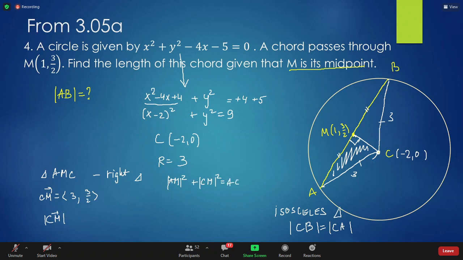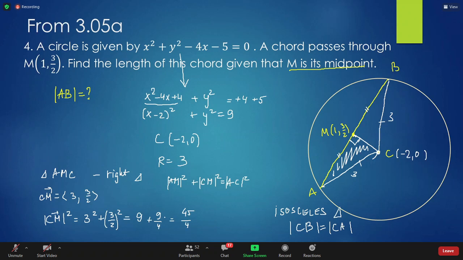So we need a square, which means I am not writing the square root. It's simply 3 squared plus 3 halves squared, which would be 9 plus 9 over 4, which would be 36 plus 9 is 45 over 4. That's the CM squared. I don't care how it transforms, because what I need is the square, and then we will be able to deal with AM.